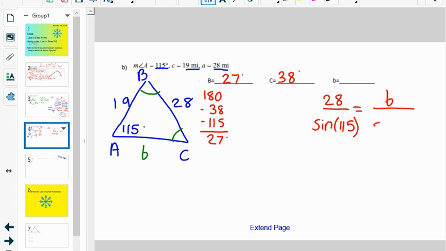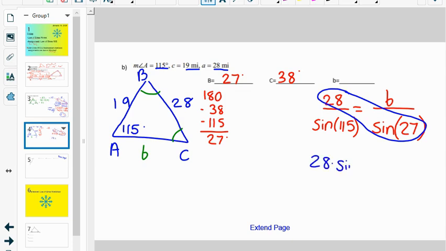We don't know side B, but we found angle B just by subtracting the total from 180. Now what we're going to do is cross multiply and solve. Cross multiply 28 times sine of 27 equals B times sine of 115. To solve for B, divide sine of 115 to the other side.